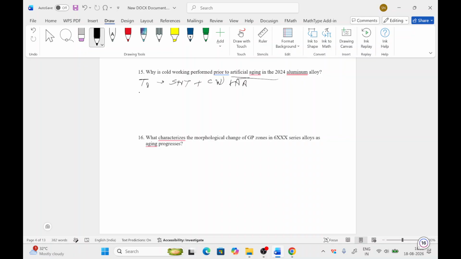Cold deformation means the cold work deforms the sample.